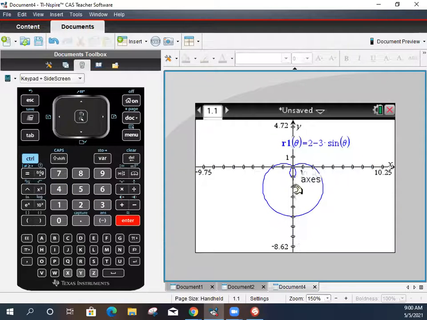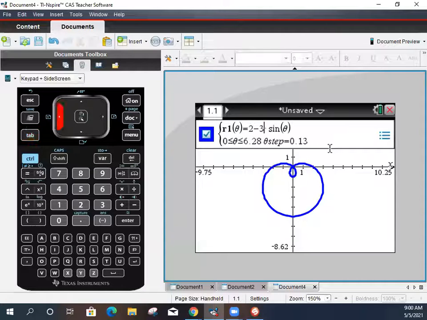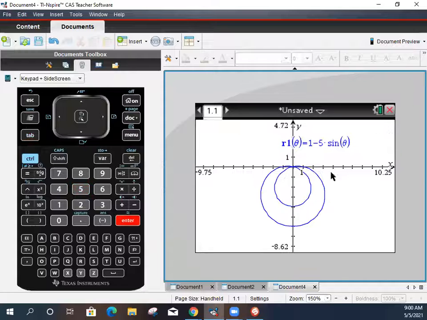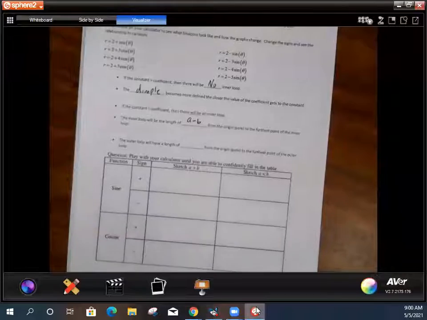Now the bigger loop has a length of 5. Does anyone see a connection between these two numbers and the length of the big loop? Make that 1, we'll make this 5. Yeah, it's just a sum. So the sum of these numbers will give you the length of the bigger loop. We'll see why that happens, but if you know these rules at the beginning, it helps when you graph. All right, so A plus B.